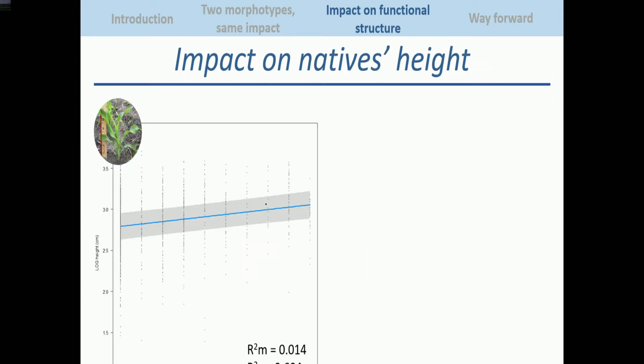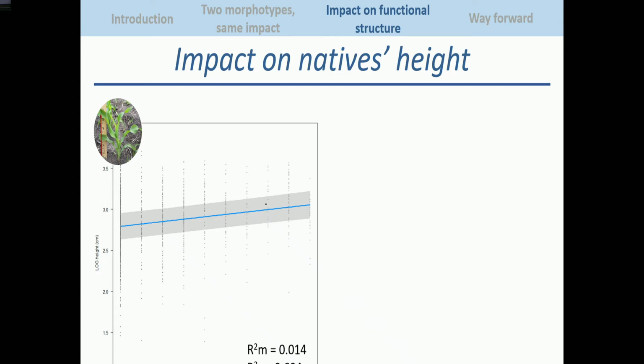The interesting thing was also to see that the height values of the single individuals in all the plots were actually related to the Carpobrotus invasion.